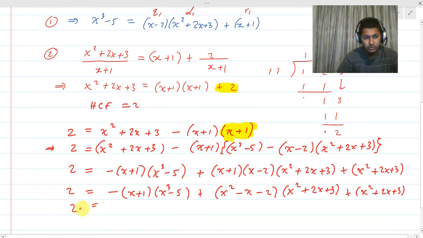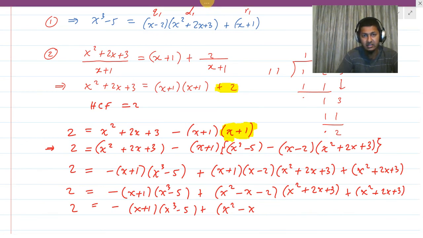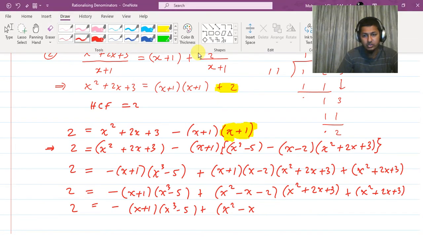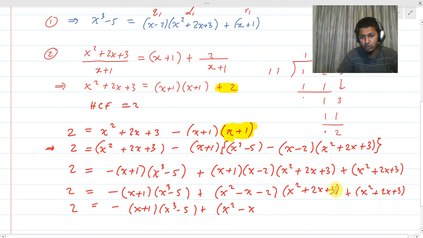So we got 2 is equal to minus (x plus 1) into x cubed minus 5 plus x squared minus x. Remember there's a plus 1 here because we are factorizing x squared plus 2x plus 3, which is common to both. Could have done it here, but just missed it. So what we can do now is factorize this in here.